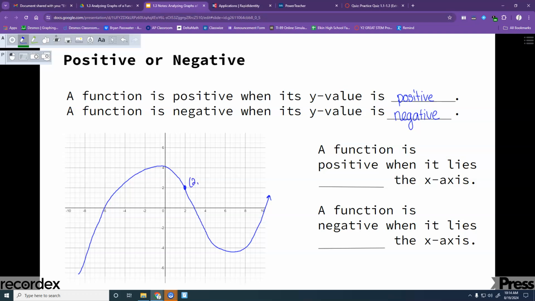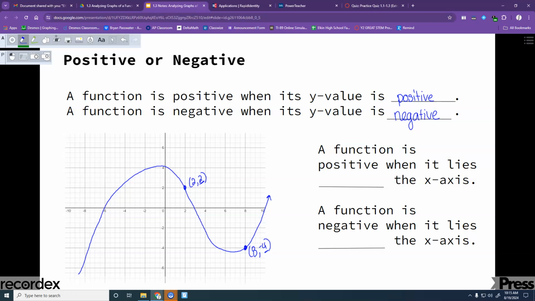This is the point 2, 2. Y coordinate is positive, right? So the graph is positive there. If I pick this point right here, I just drew something in here, this is not great. This is the point 8, negative 4. Y coordinate is negative there. So the graph is negative there.